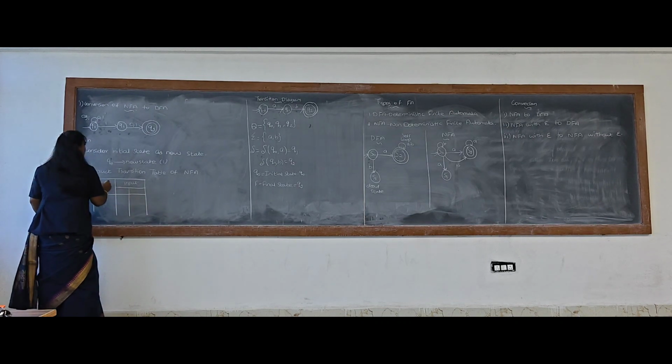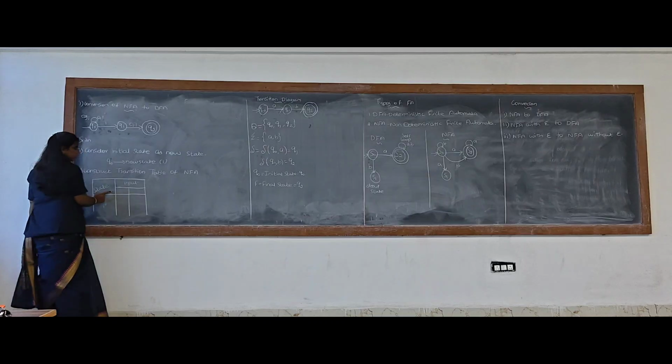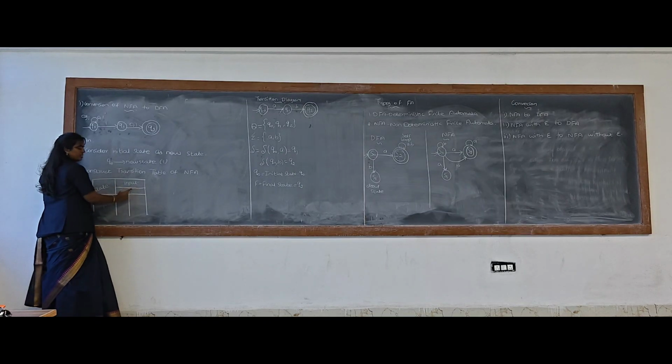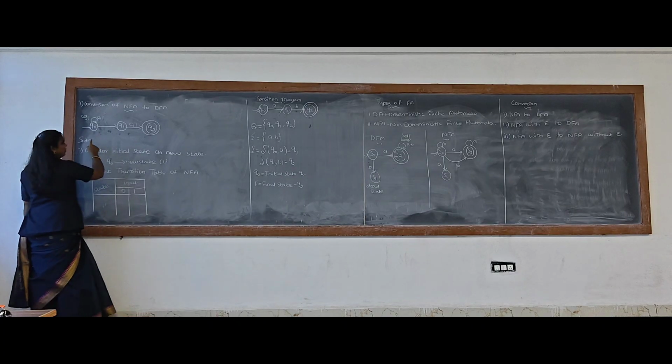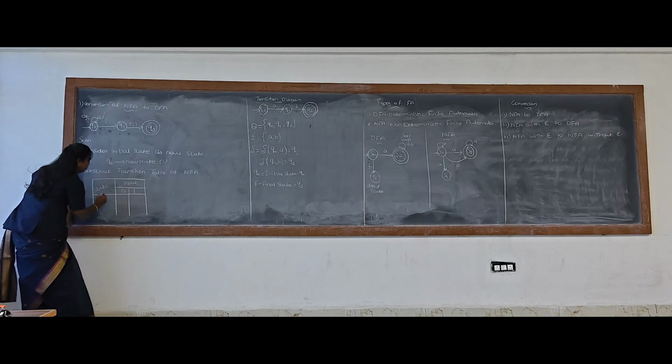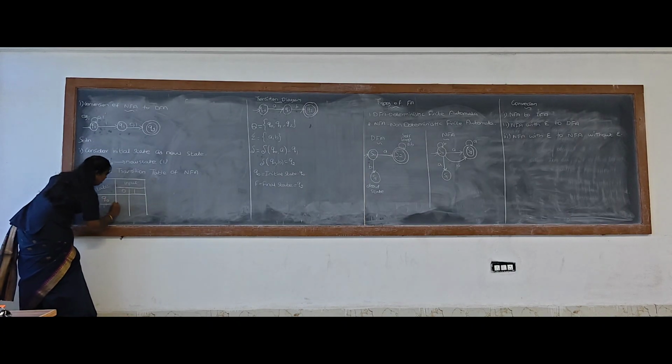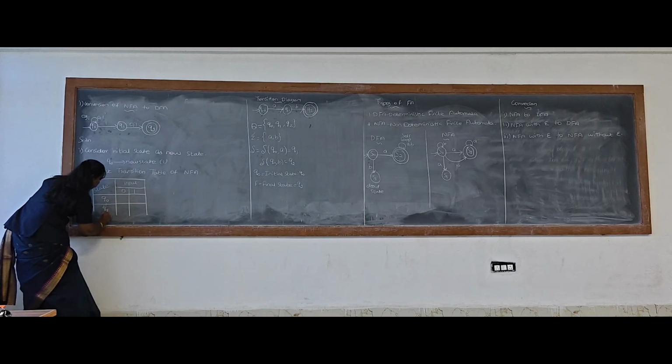This column represents the states and this column represents the inputs. Here we have the inputs 0 and 1, and we have the states Q0, Q1 and Q2.